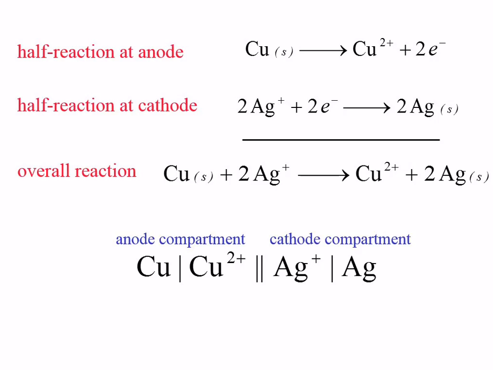Since we're talking about oxidation, we go from left to right and write what's being oxidized. Copper is being oxidized from 0 to +2. The double bar means we're entering the other compartment or chamber, and then we begin with what's reduced. The silver +1 is reduced to silver 0. So that's it. That's the shorthand notation.